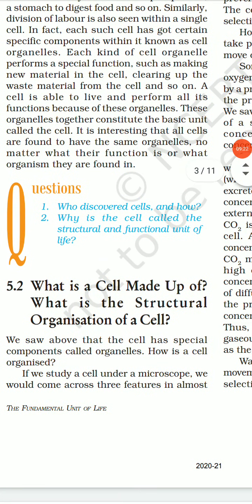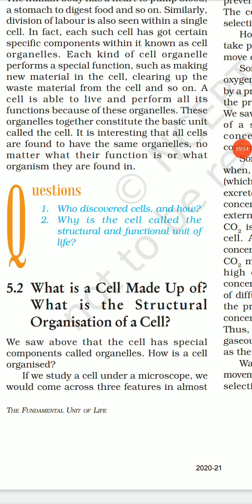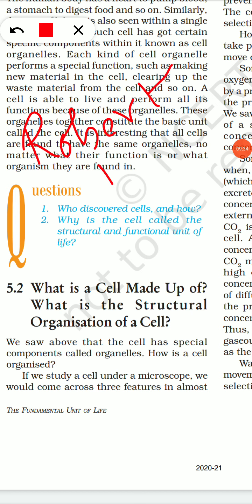So just to give on this, who discovered the cell and how? The cell was discovered by Robert Hooke, and we have the experiment of how he discovered the cell when he was viewing cork under a self-made microscope, and he saw the type of cells that was seen. Now, why is the cell called the structural and functional unit of life?